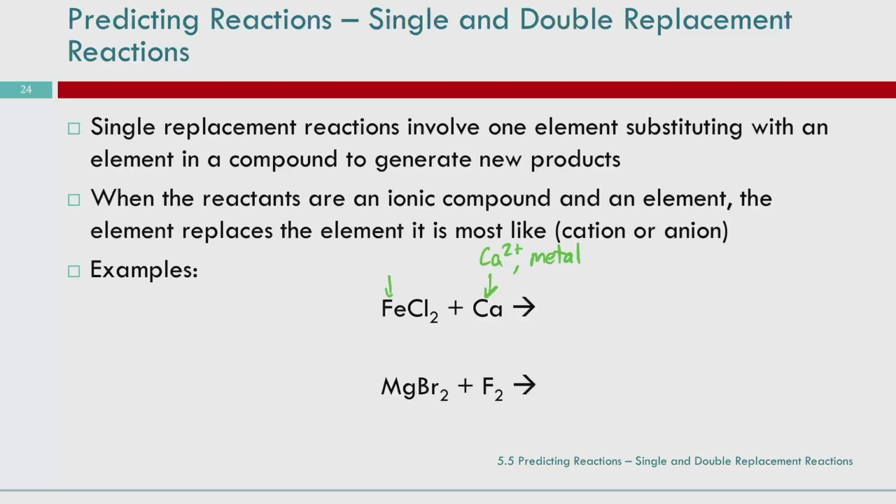Yeah, Fe is the metal. And we could also figure out what charge it's going to form, but that doesn't actually matter for this problem. So Fe, iron, being a metal, these two are going to swap places. So that's going to be the single replacement in our single replacement reaction.